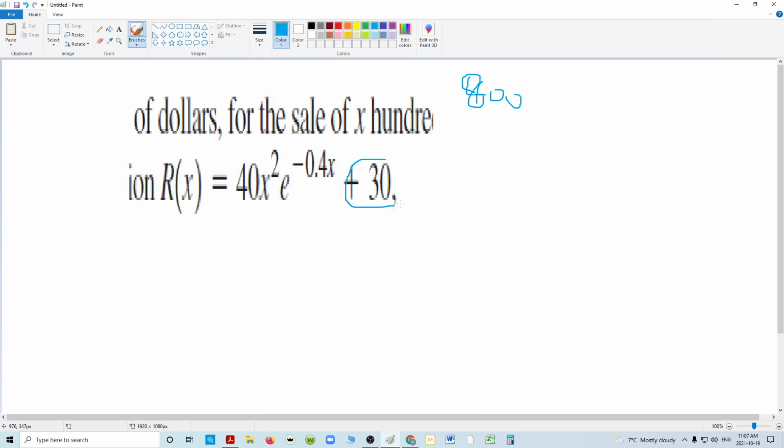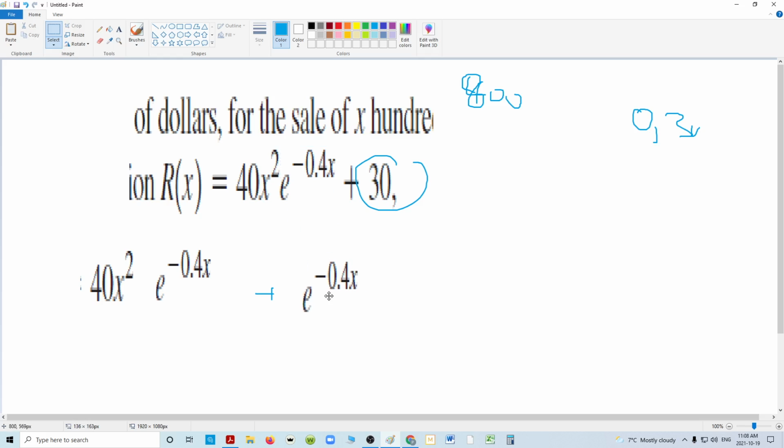Okay, so if you look at it, plus 30, when this is 0, this is 0, this is 1, this is 0, so that's the units sold at 0.30. So we're probably dealing with a weird, huge exponential growth that eventually comes back to 0. We have to use the product rule here, which means I'm going to take the derivative of that times this function, and I'm going to add the derivative of this times this function, and we're going to end up with an x squared.